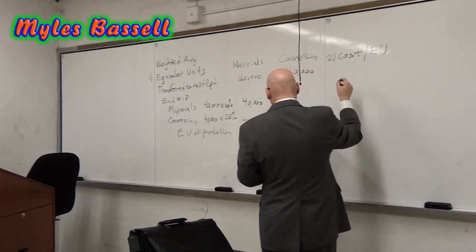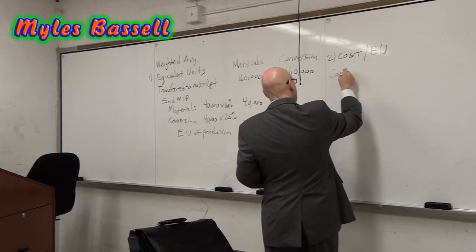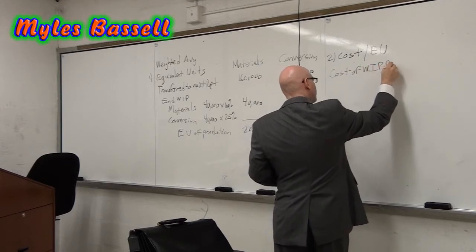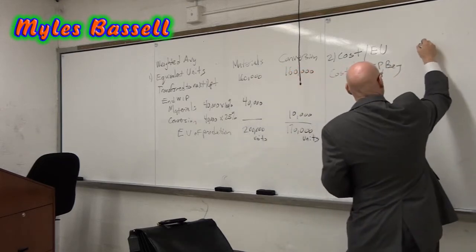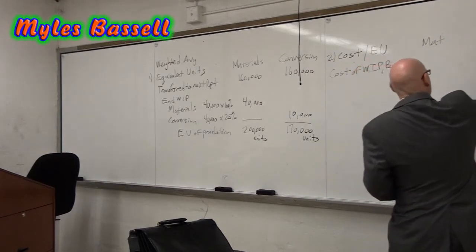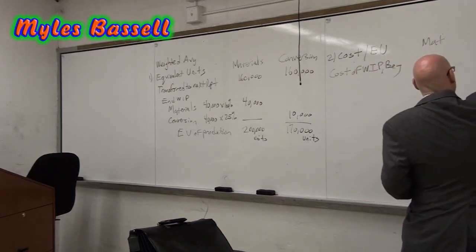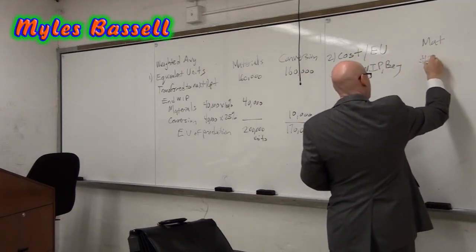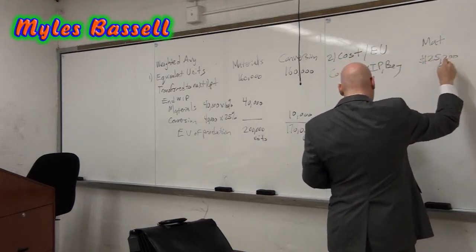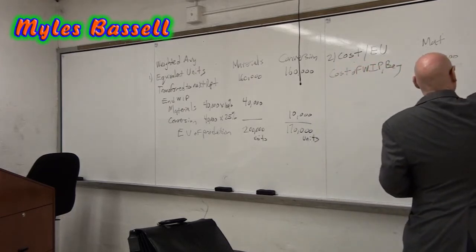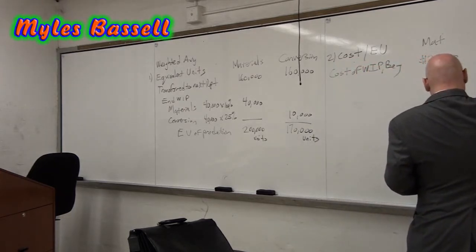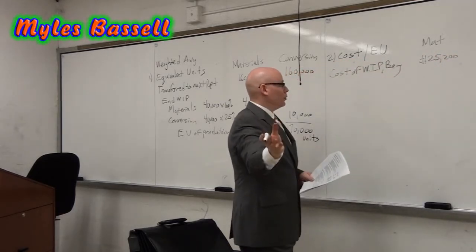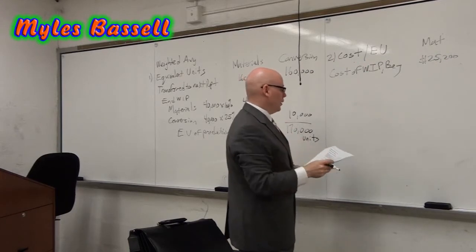All right, they tell us the cost of beginning work in process. For materials, it's 25,200. Conversion is 24,800. That's the cost of the work in process at the beginning of the period.